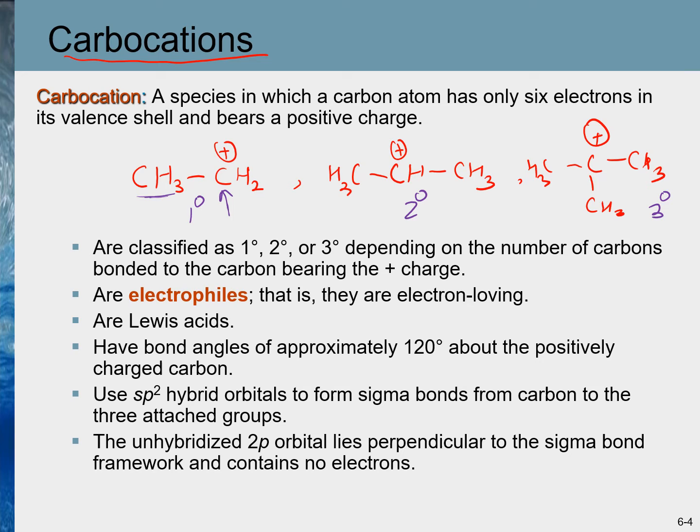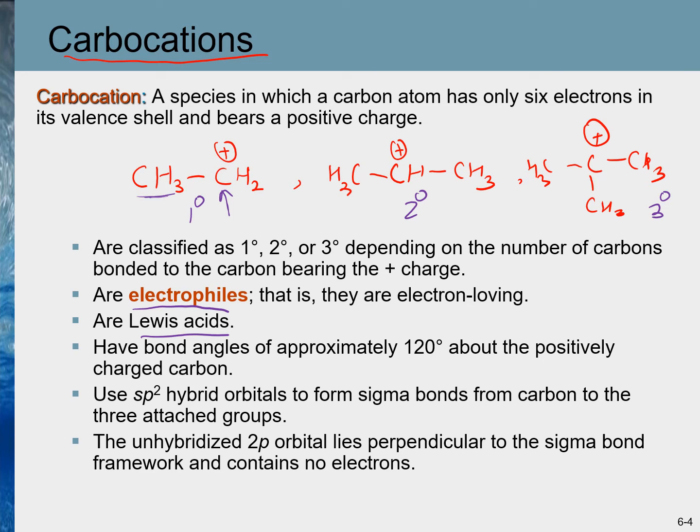All carbocations have 6 valence electrons around the carbon atom with positive charge. Therefore, they are all electrophiles, and they all act as an electron sink in reaction mechanisms. Because of lack of electrons, they all act as Lewis acids.